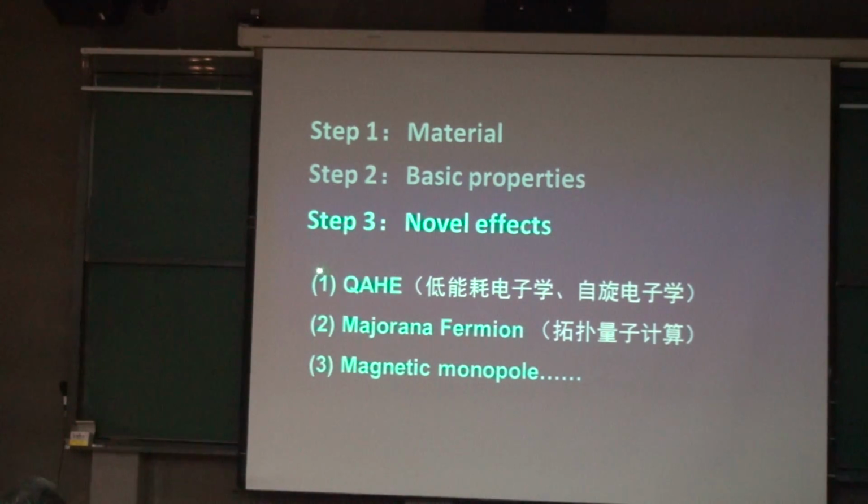We need something else. For example, as theoretically predicted, the first important thing is the quantum anomalous Hall effect, and the Majorana fermion. That again is a very hot topic in the field now, and also the magnetic monopole proposed by Shoucheng and many others.